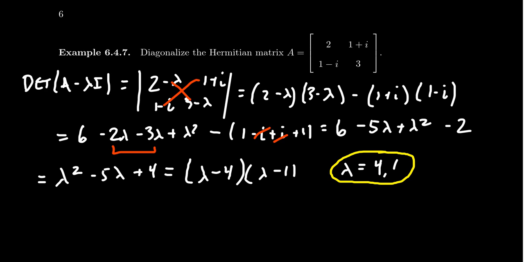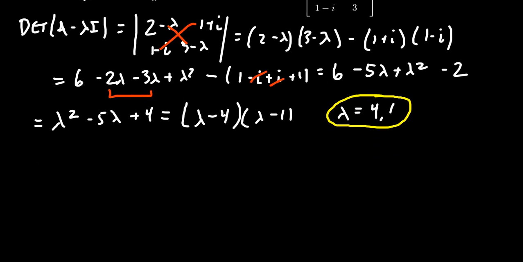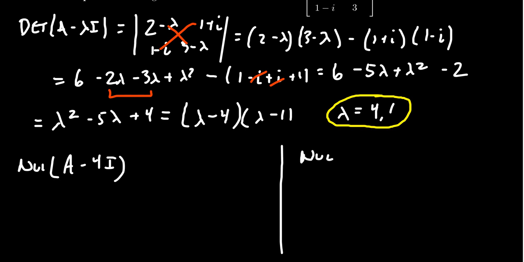So what we want to do now is proceed to compute the eigenspaces. That is, find a basis for each eigenspace. So we want to look for the null space of A minus 4I. We'll do that over here. And then on the other side, we'll look at the null space of A minus 1I. And so consider what's going on there.